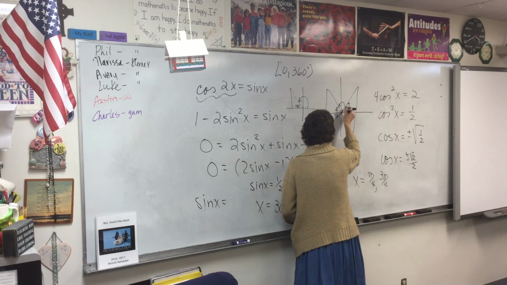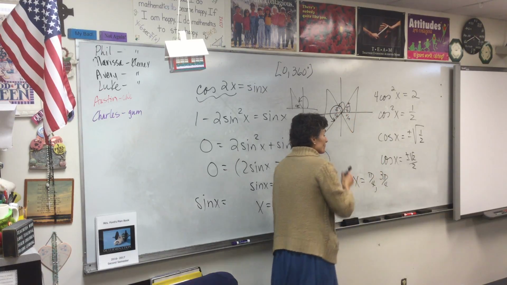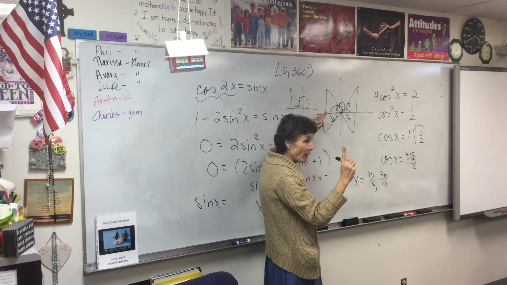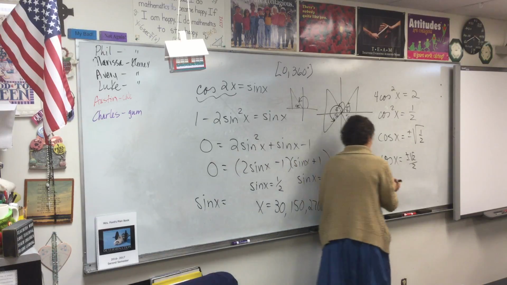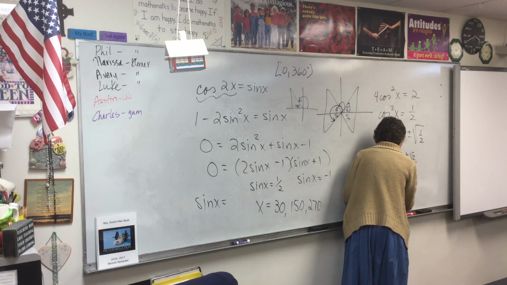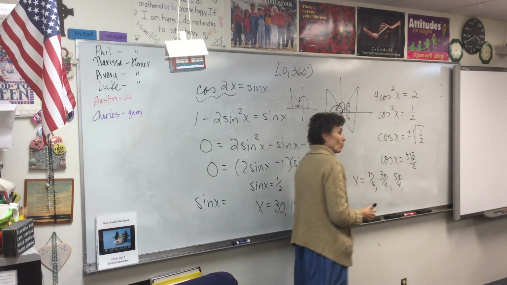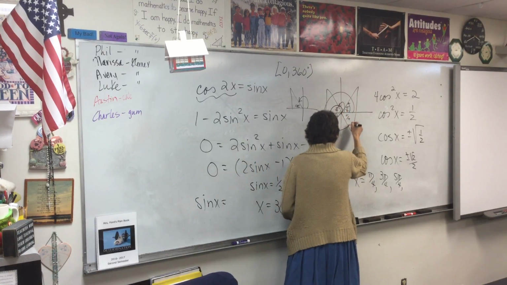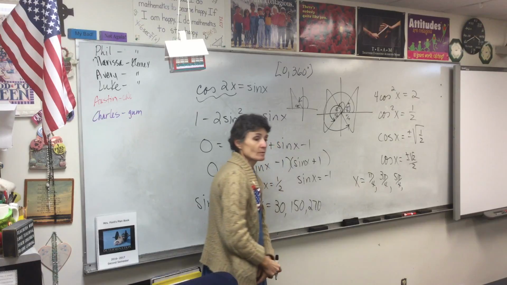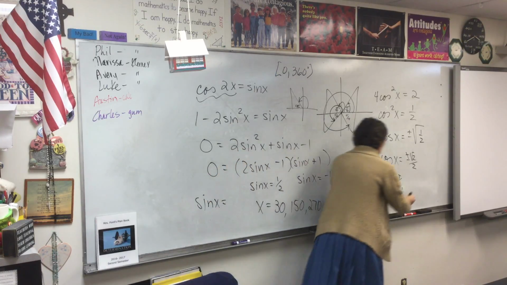That's how we got it. Now, what about the one that's down here? That's 1 pi plus a fourth. So that's 5/4. What about the one that's all the way around to here? 7/4.